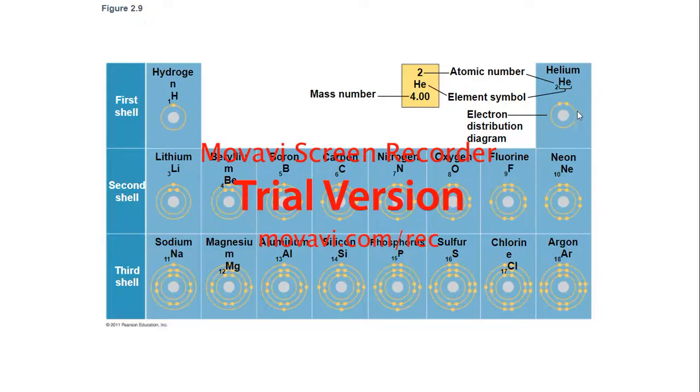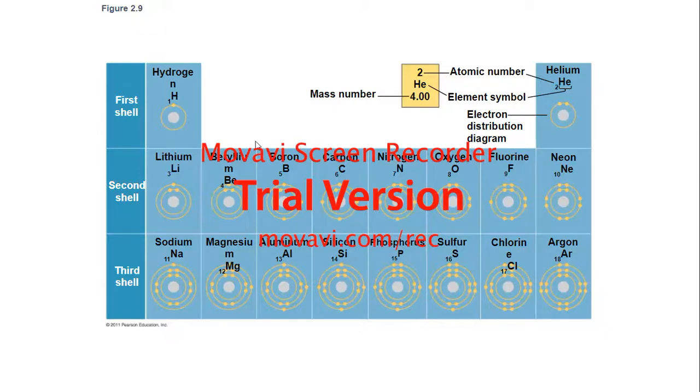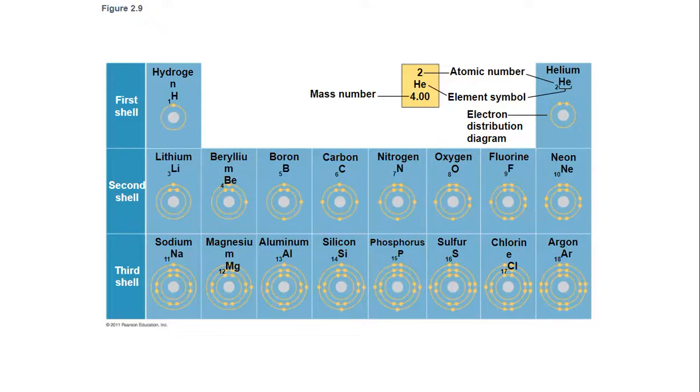For this shell right here, since you only have one shell, two is a full valence. When you have two valence electrons in this first shell, it's full. Because hydrogen only has one electron and its valence shell is not full, hydrogen is highly reactive. So those Goodyear blimps would blow up in the air, and it would be very bad.